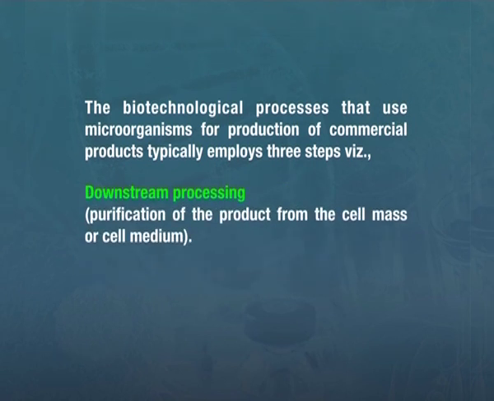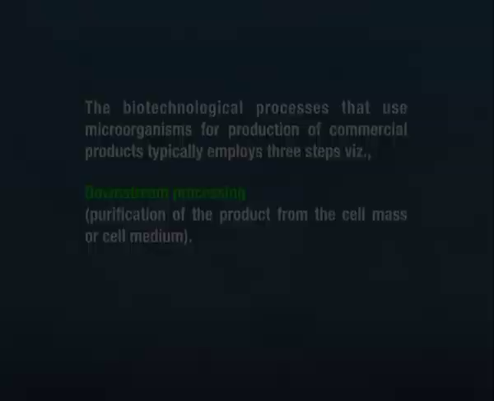And lastly, the downstream processing, which involves purification of the product from the cell mass or cell medium. The focus of the research during the 1960s and 70s was to improve upstream processing, bioreactor design, and downstream processing to increase yields of the various desired products.